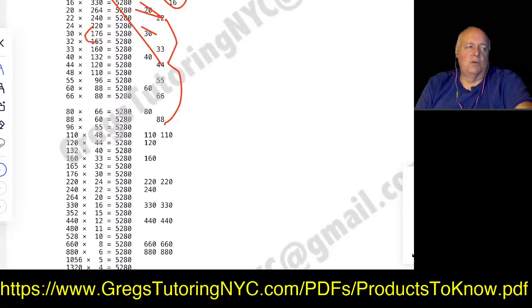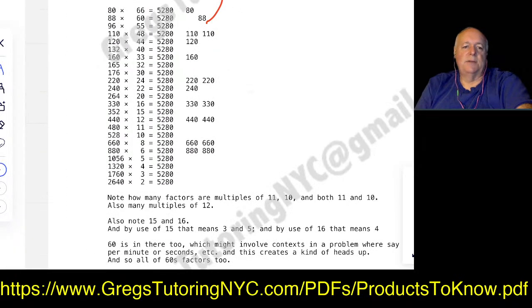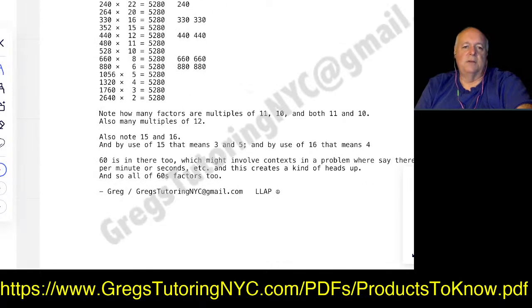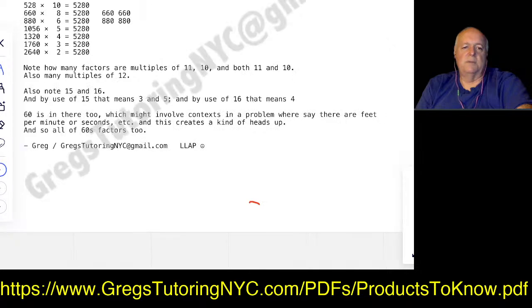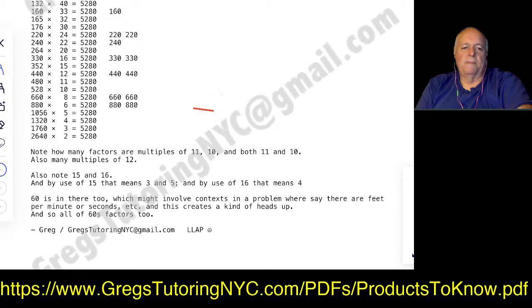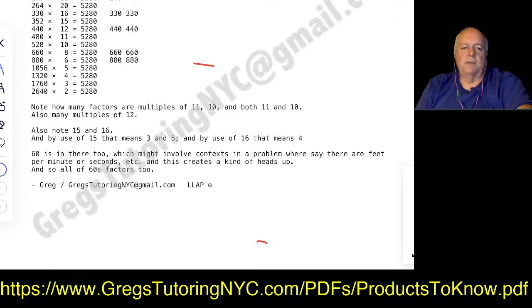So that's all I'm really trying to show with this kind of thing here. And the point is that a lot of these are factors of 11 and 10. In fact, a lot of the factors that I just showed you of the mile, the 5,280, are factors of both 10 and 11 simultaneously.